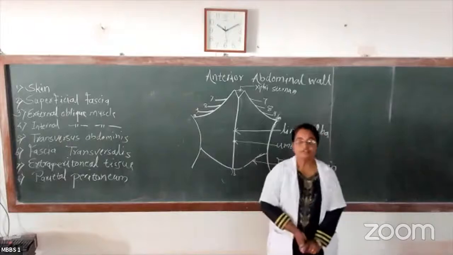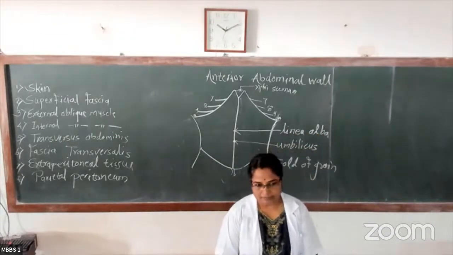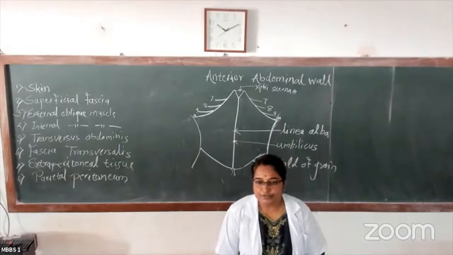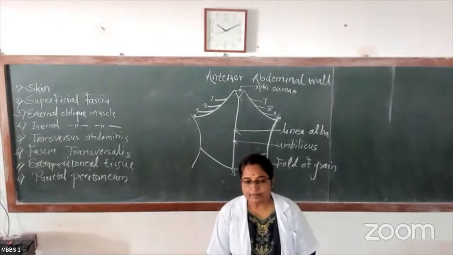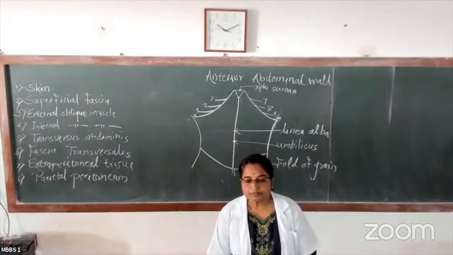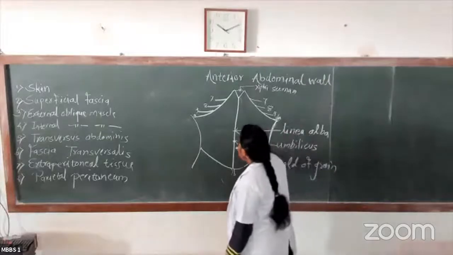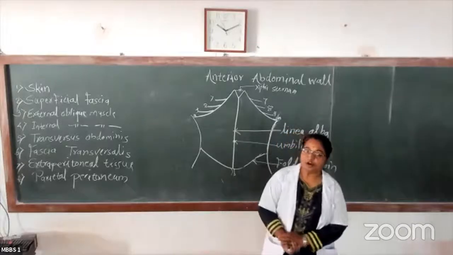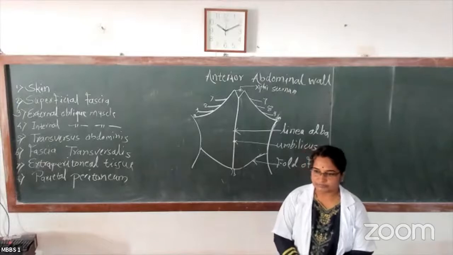What is the definition of umbilicus? Umbilicus is a normal scar which is a remnant of the root of the umbilical cord. It lies at the level of the intervertebral disc between L3 and L4.